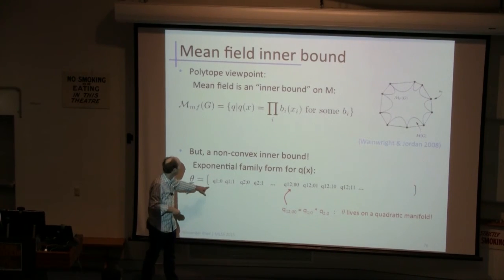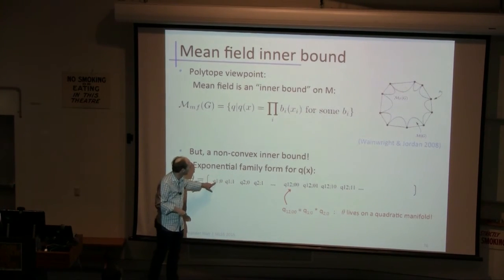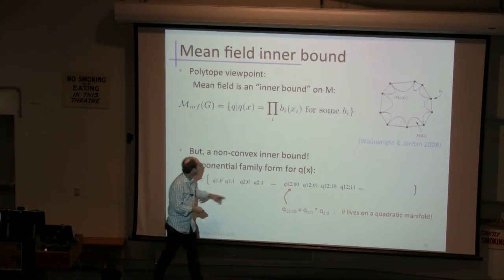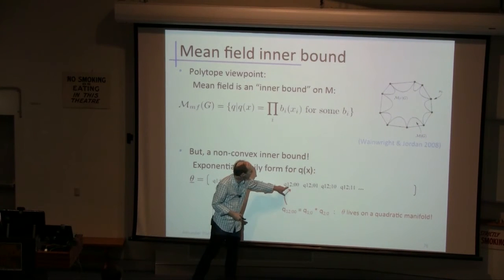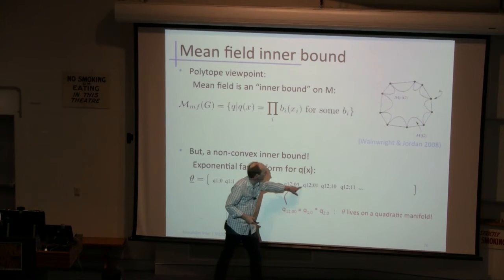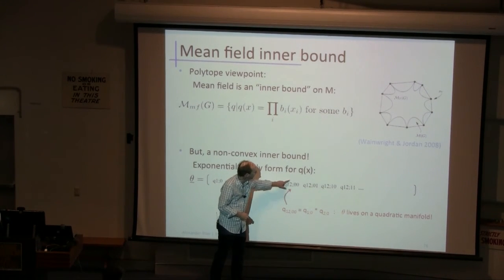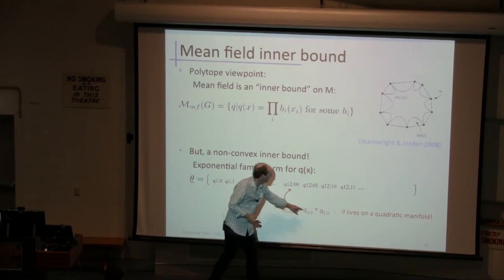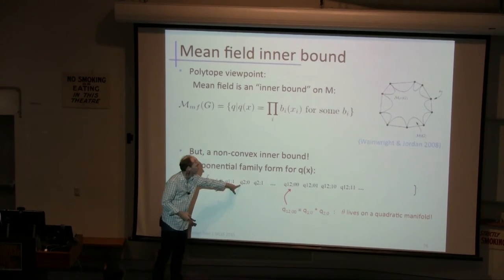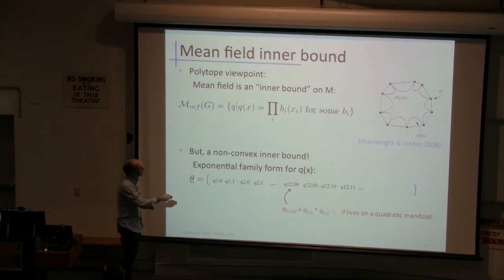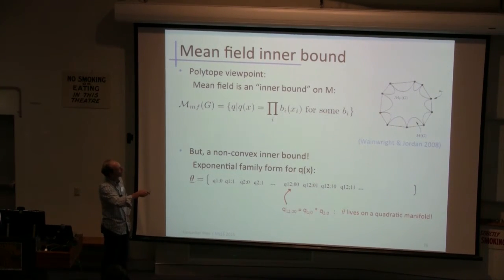So if we have x1 being expressed as q1 and x2 being expressed as q2, then when we get to the terms that involve interactions between x1 and x2, we have some entry of probabilities for the pairs. These probabilities have to be the product of these singleton probabilities. So in fact, this part of theta is being restricted to some quadratic shape, like this.